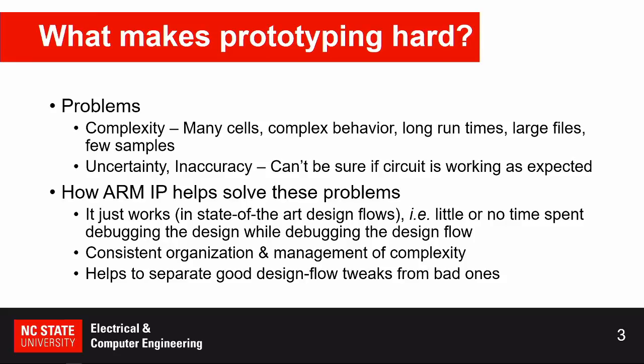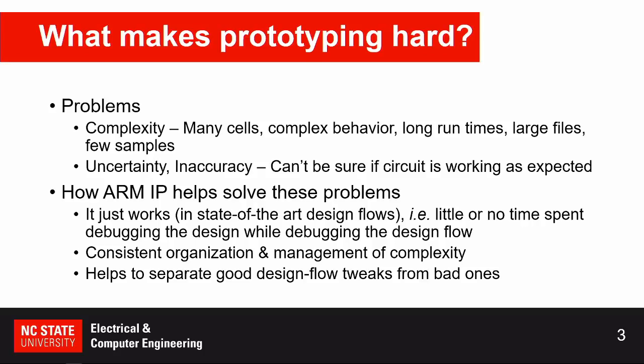So why does ARM IP help us with this? The main thing is that it just works, in these state-of-the-art debugging flows and design flows. That means that we spend little or no time actually trying to solve problems with our design, and we can spend all of our time debugging the flow to figure out how to mitigate these problems that I mentioned.